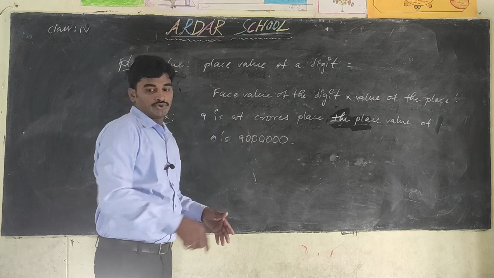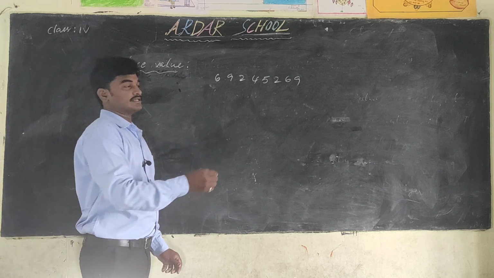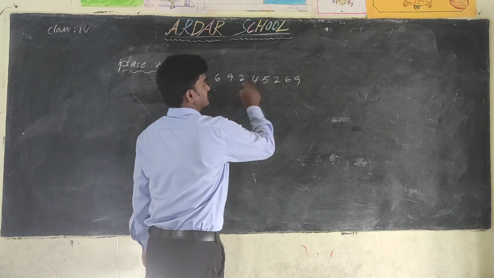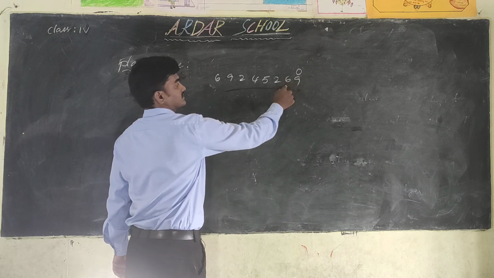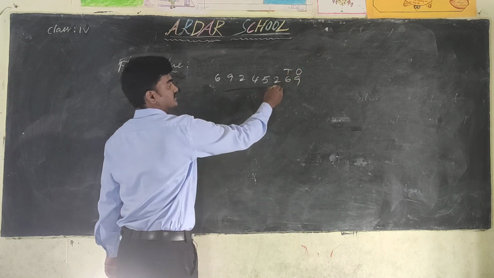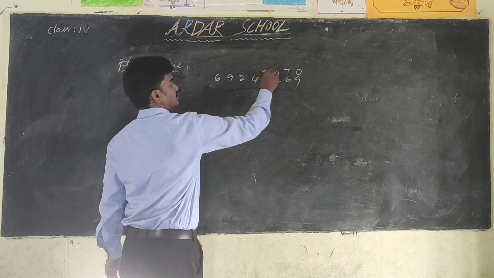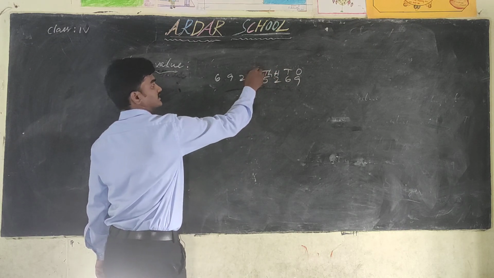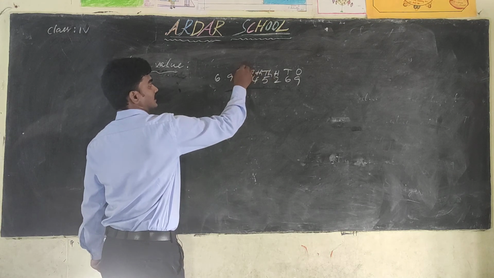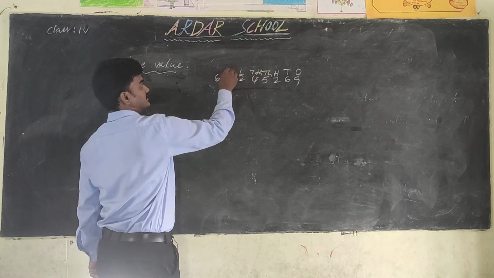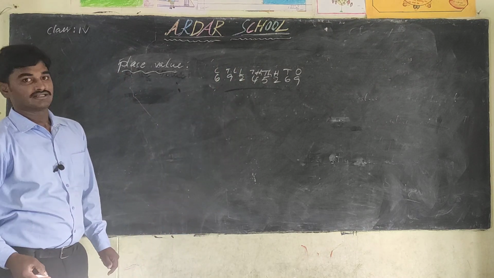Okay, now I will show you in a table. In this numeral, 9 is at ones place, 6 is at tens place, 2 is at hundreds place, 5 is at thousands place, 4 is at 10,000s place, 2 is at lakhs place, 9 is at 10 lakhs place, 6 is at crores place.